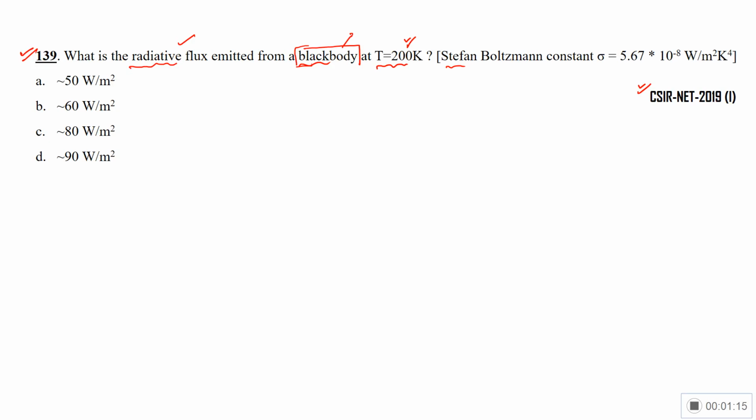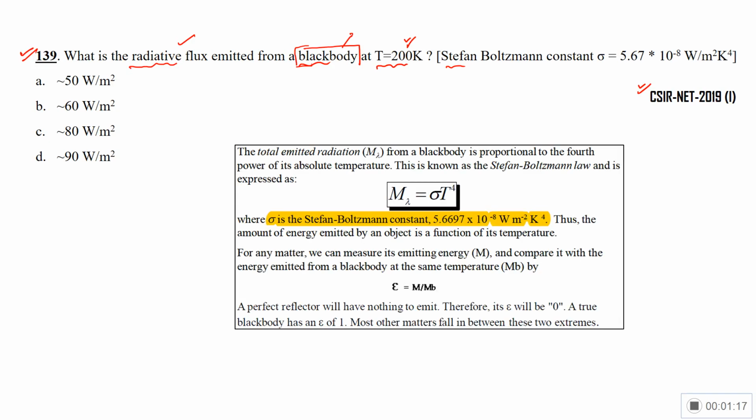The total emitted radiation from a black body is proportional to the fourth power of its absolute temperature. This is known as the Stefan-Boltzmann law, and it is expressed as M lambda is equal to sigma T to the power 4, and this sigma is called the Stefan-Boltzmann constant, having the value 5.67, which is given. This is the simple formula you have to use to get the answer.